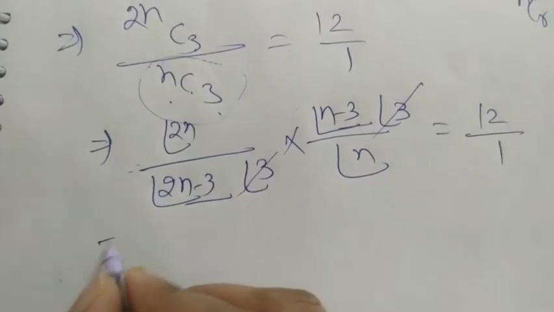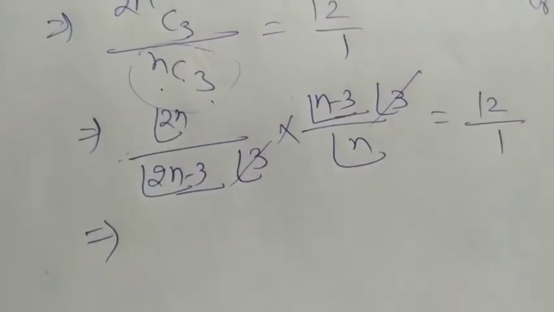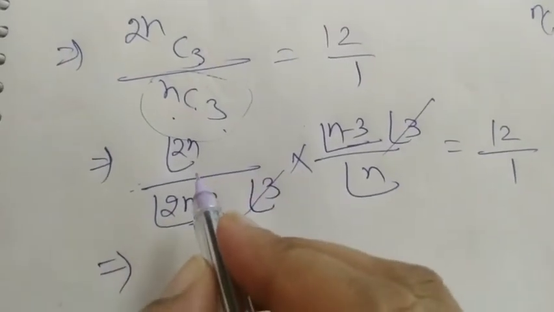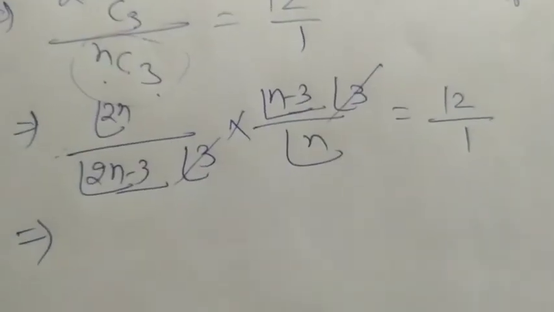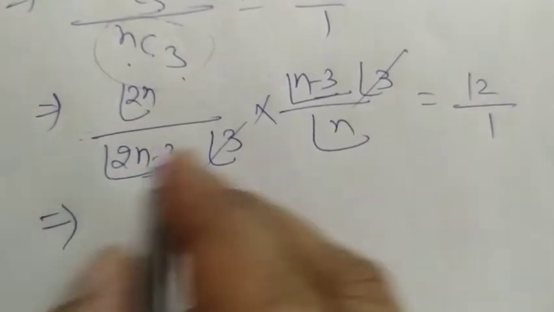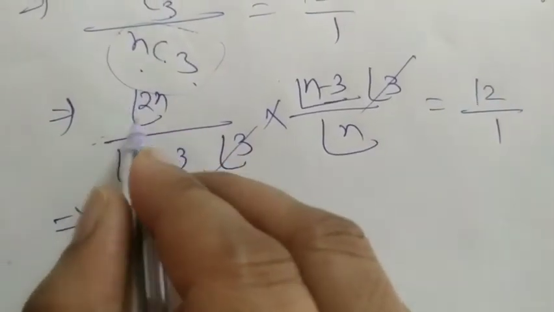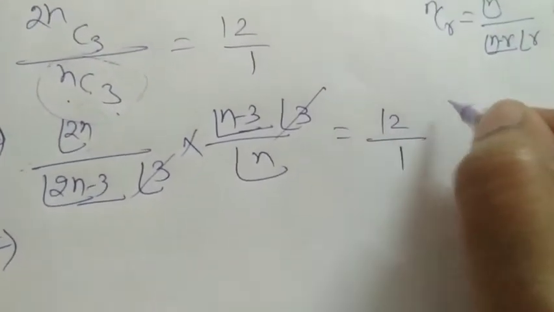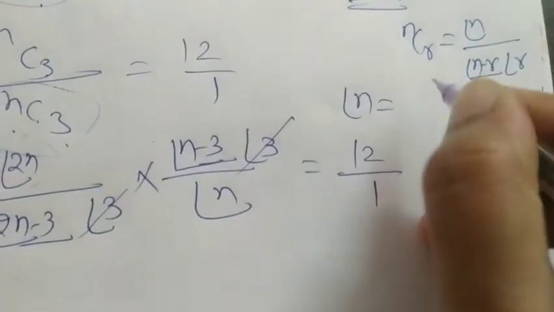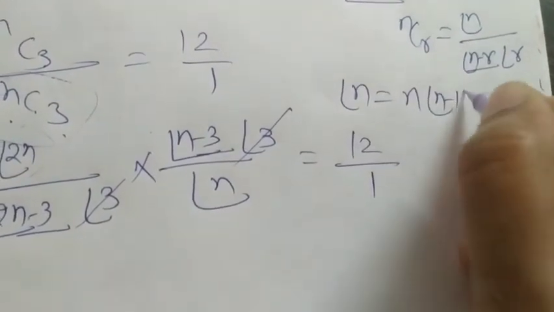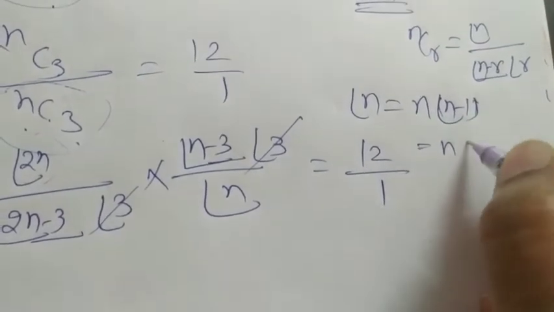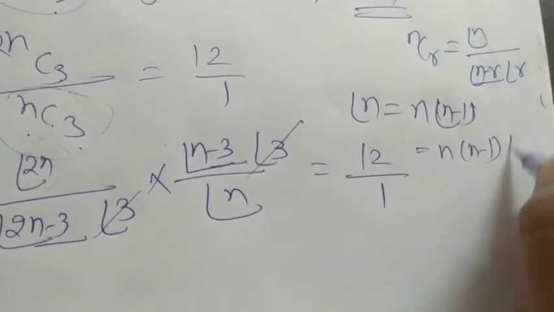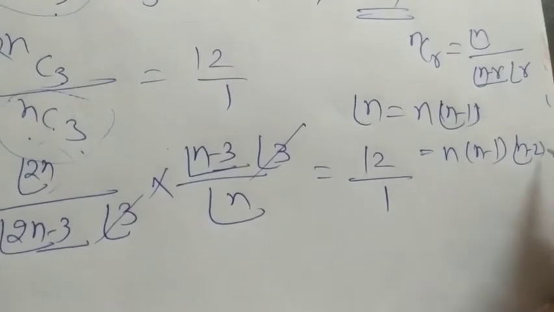Now look here. Expand this from 2n. I know that factorial n can be written as n factorial n minus 1, and from this I can take out n minus 1 and the remaining is n minus 2, and so on.